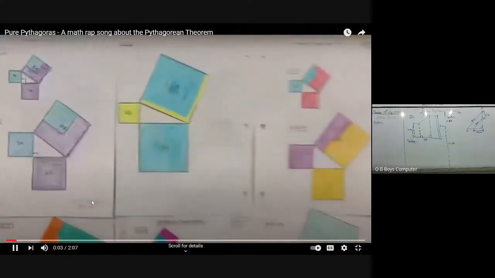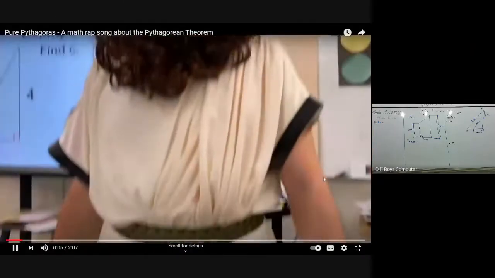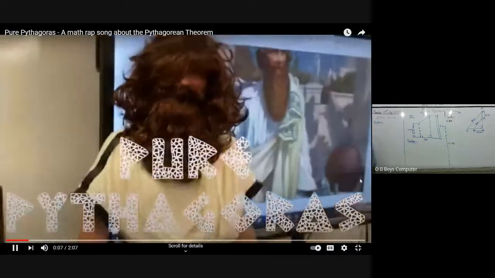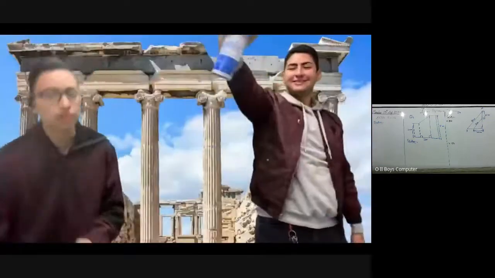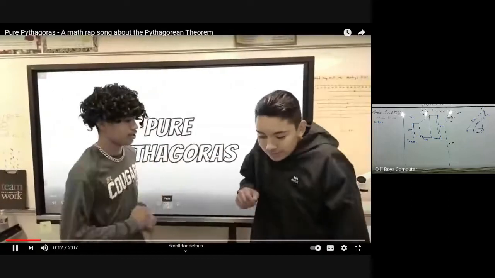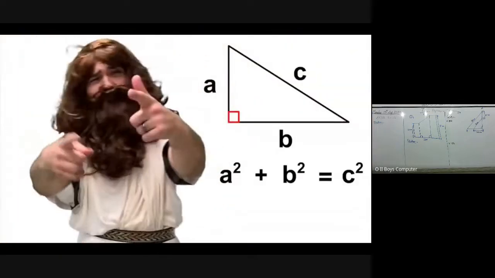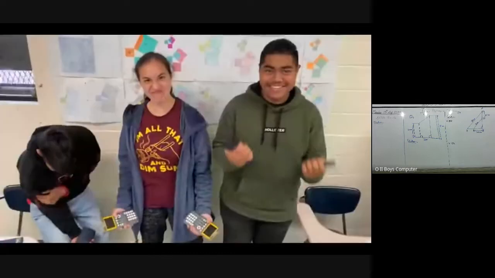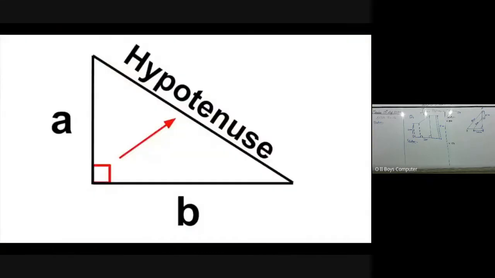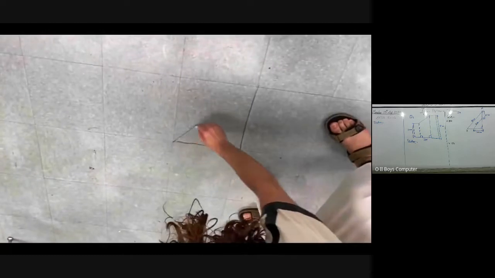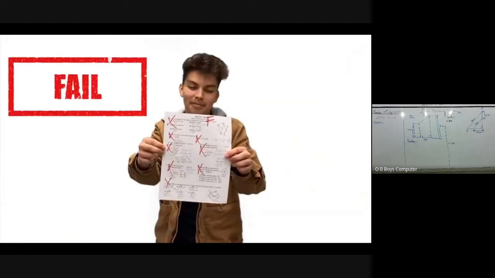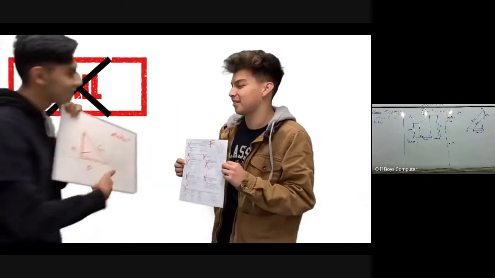Another one. MC Ireland. I love geometry. Square the leg A and then square the V. Add these squares up equal to square C. Pythagorean theorem like a mathlete. Hypotenuse, what you call it? Long side, let's draw it. To get a fail, you can't afford it. Pythagorean theorem is important.